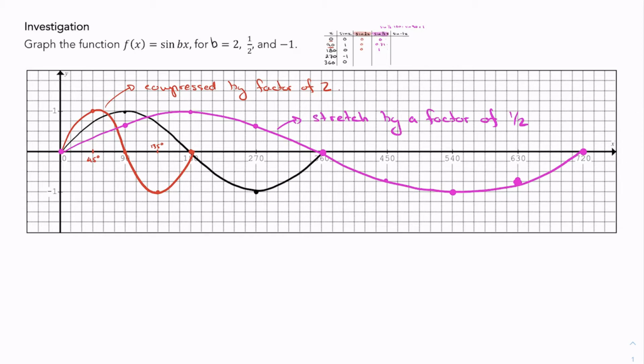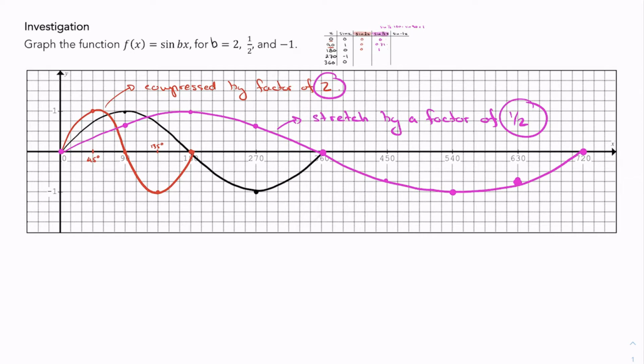Now, sometimes you might see that it is also a stretch by a factor of 2. That's just because it's the reciprocal of this, and vice versa. You might see this as a compression by a factor of 1/2 because it's been reduced by 1/2. Again, textbooks have their own conventions. Stick to one, what you're more comfortable with.